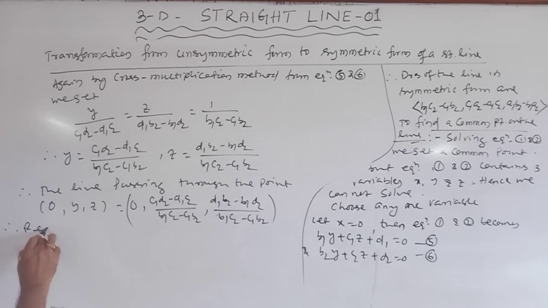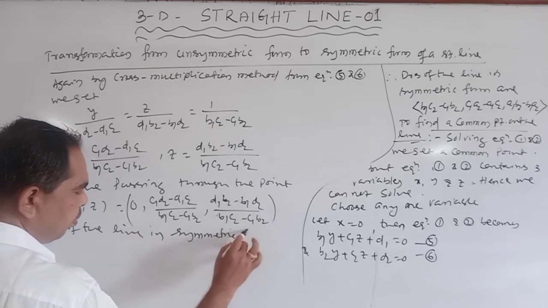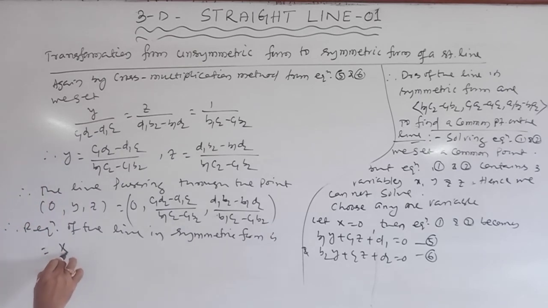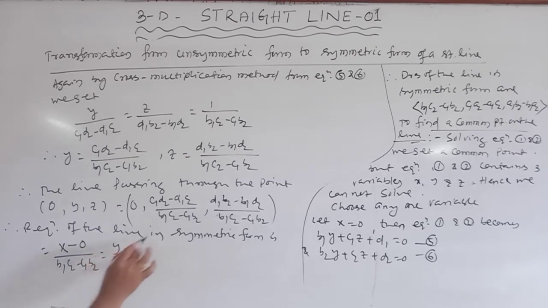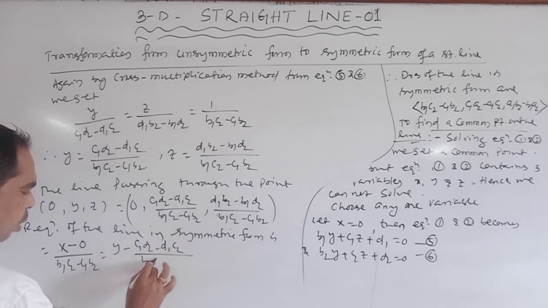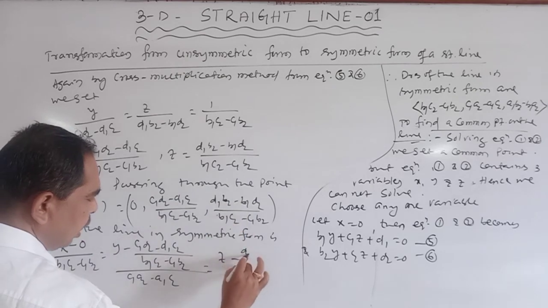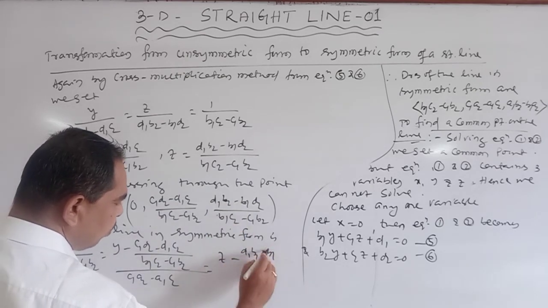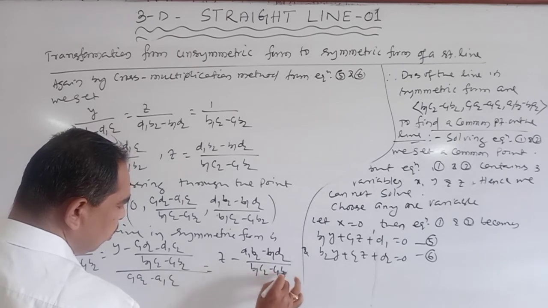Therefore the required equation of the line in symmetric form is x minus 0 divided by the direction ratios a, b, c. a means b1 c2 minus c1 b2, b means c1 a2 minus a1 c2, and c means a1 b2 minus b1 a2. So y minus y1 is c1 d2 minus d1 c2 divided by b1 c2 minus c1 b2, and z minus z1 is d1 b2 minus b1 d2 divided by b1 c2 minus c1 b2.